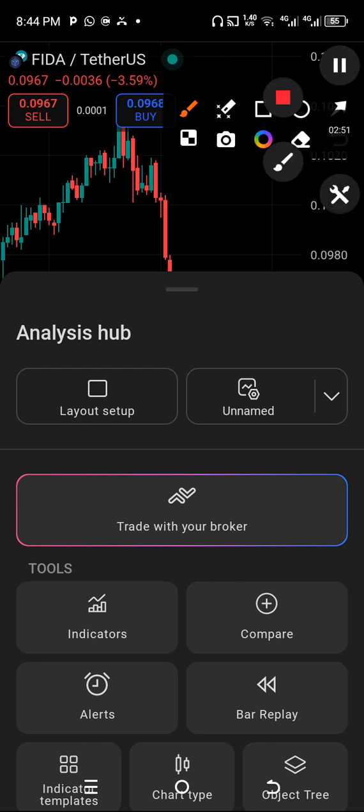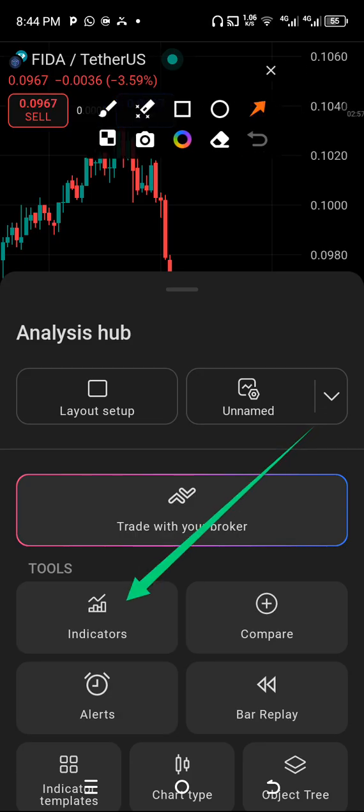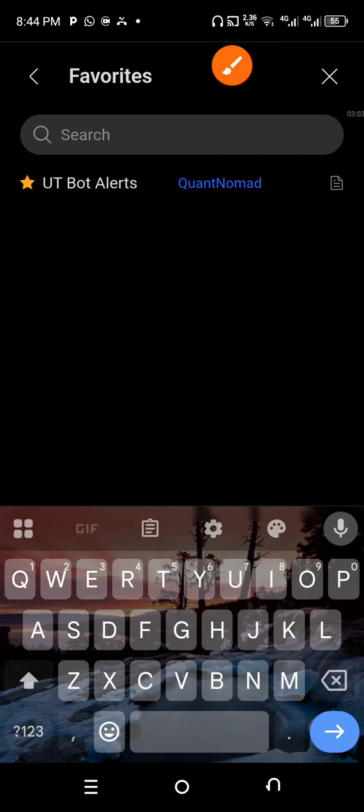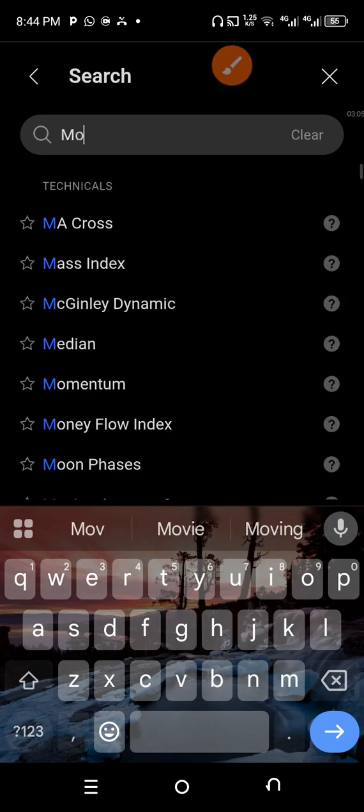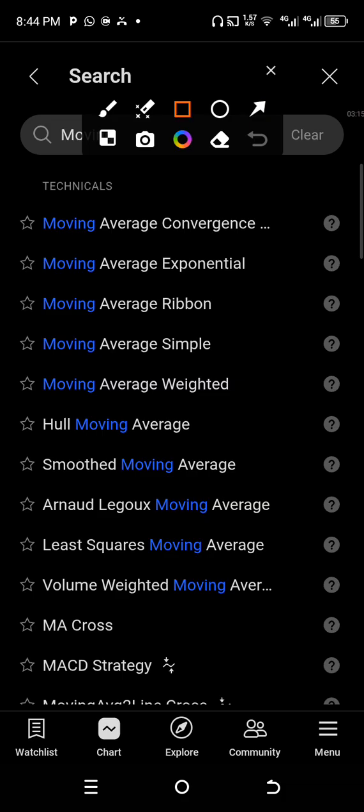So we are going to tap into those ones and see where we have indicators. Are you seeing indicators? So you tap in indicators. You come here and write moving average. Before you even complete, you will see it: moving average convergence divergence. It's this one.